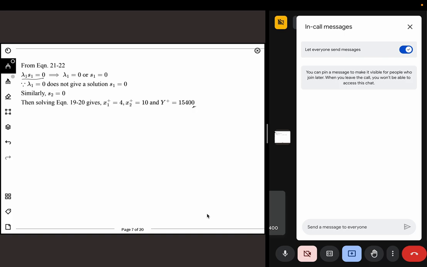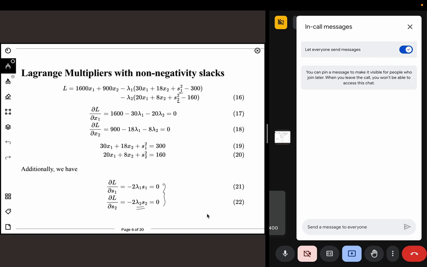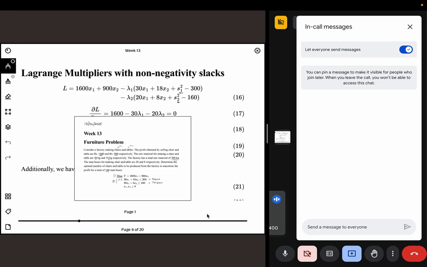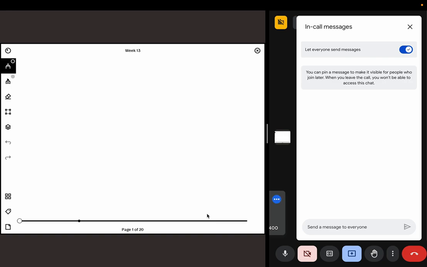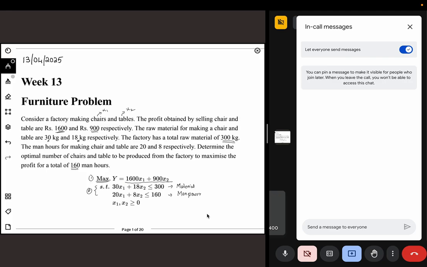It's a method. Yes. Where is Y? Yeah. So Y is basically 1600 x1 plus 900 x2, right?